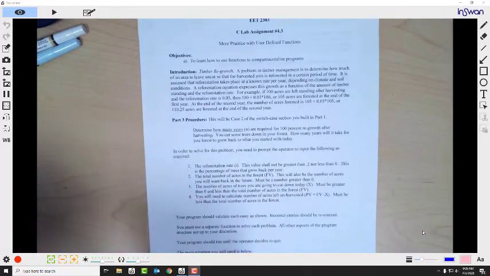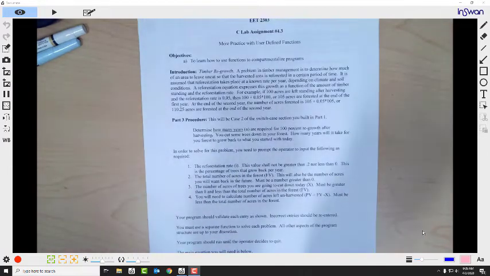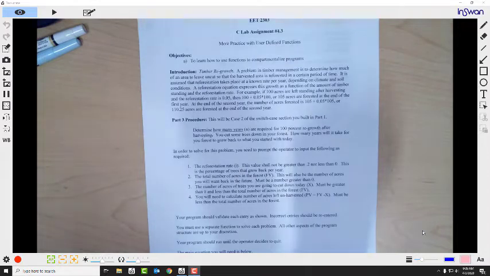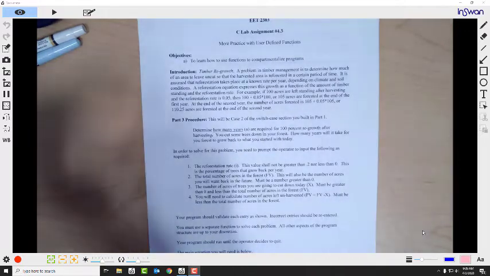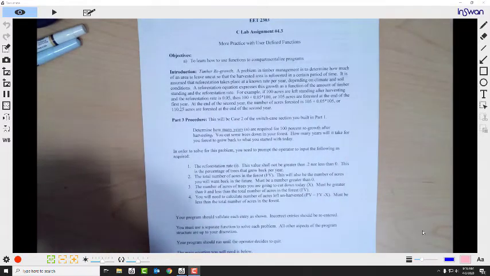In other words, we've got a forest of a certain size today, and we want to cut down some trees, but we don't want to cut down all the trees, because then we'd have no forest for the future. So if I have a forest of 1,000 acres, but I need to cut 500 acres today, how long will it take for that forest to regain its original size?